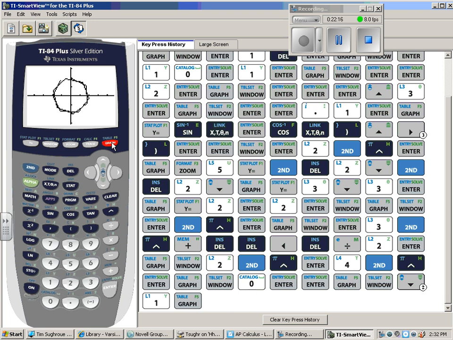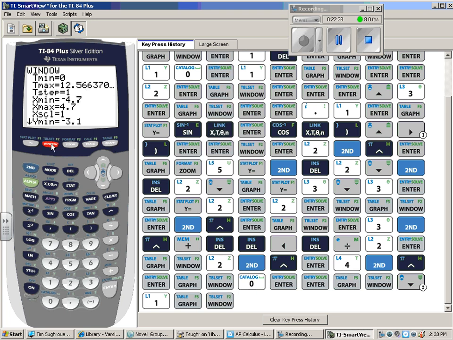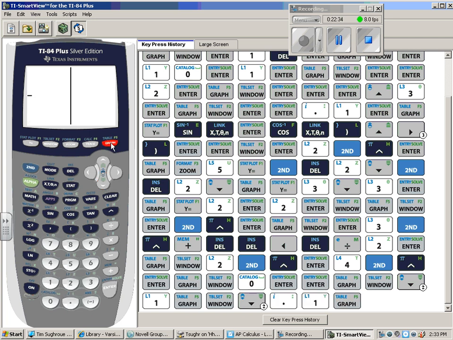So it's going to graph it at time 0, but then the next one isn't until time 1, and it's going to connect those 2 dots. That's why it's important for our t-step to be small enough to give us a precise graph. Make it 0.1, graph. Here it is.